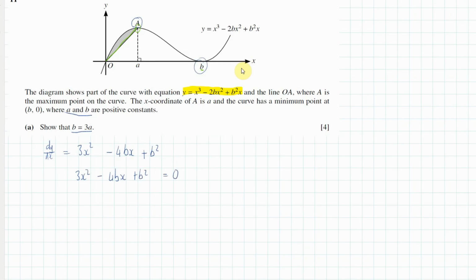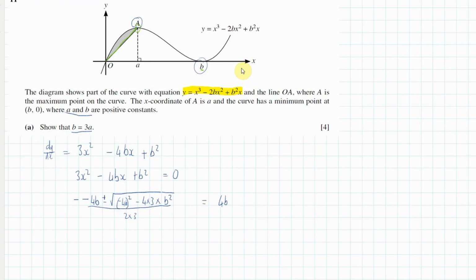And I could use the quadratic equation like this, minus b plus or minus the square root of b squared minus 4 times a times c, all over 2 times a.